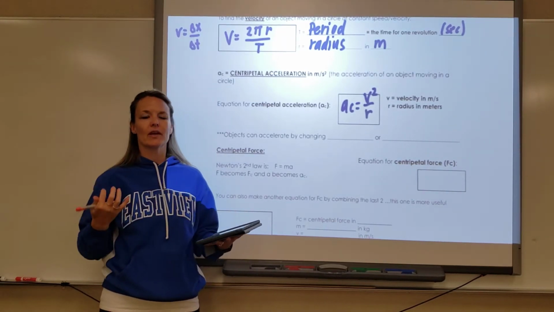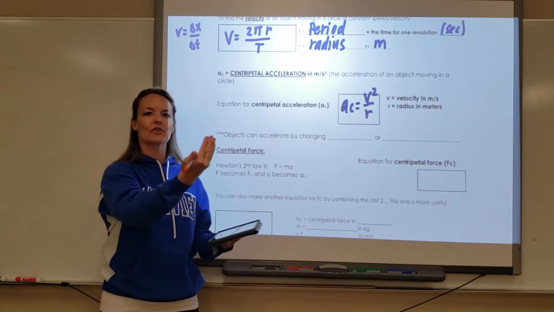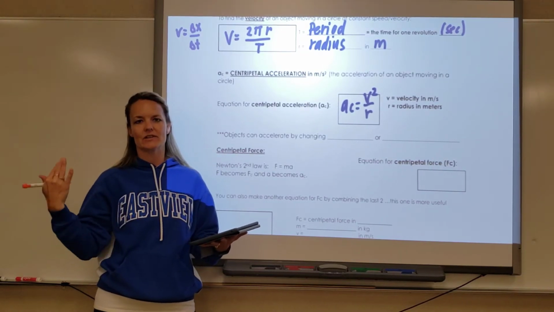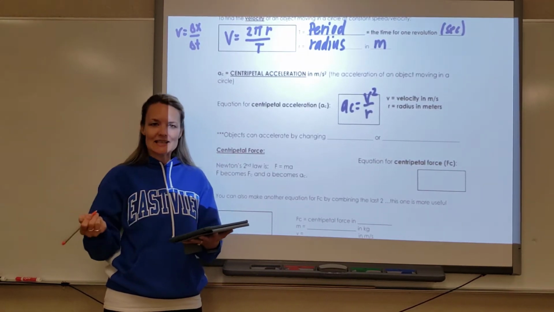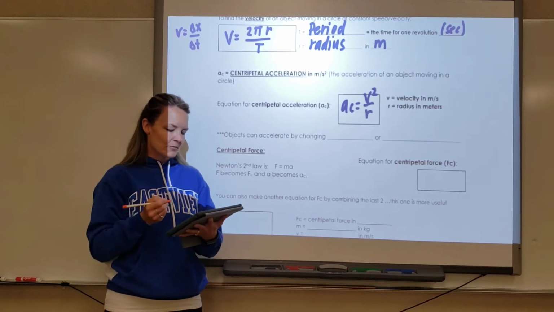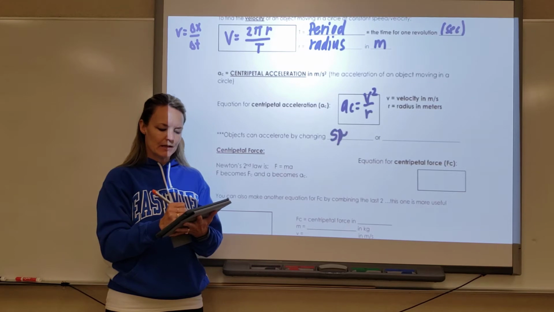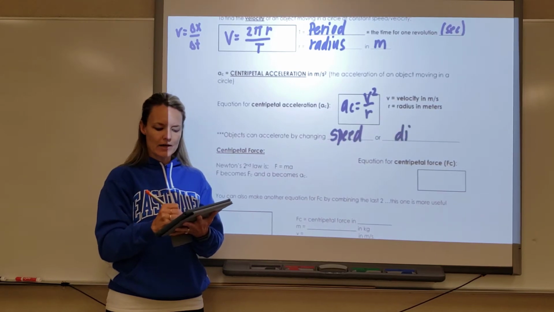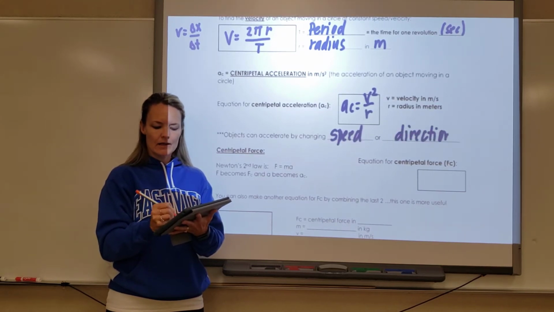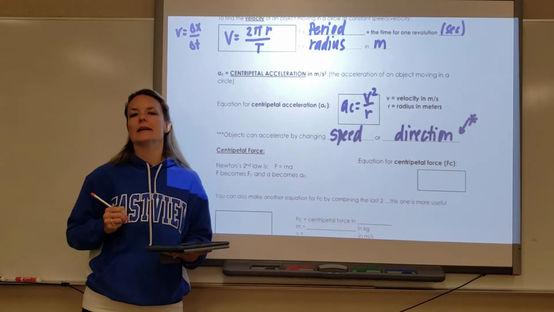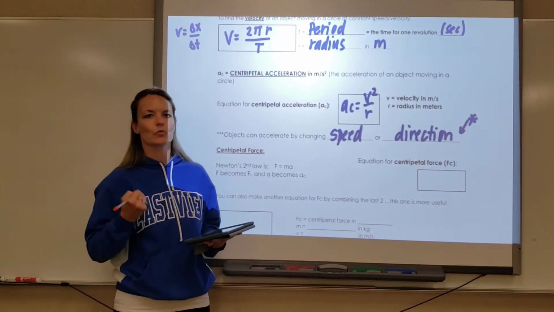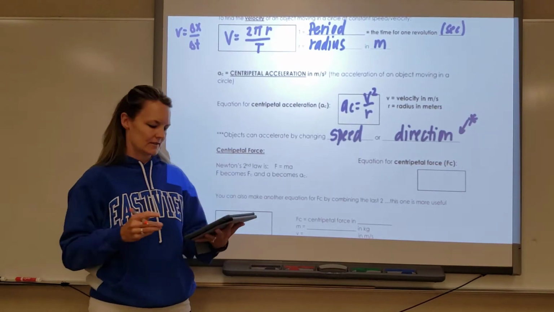That's what we're dealing with here, but as it moves in a circle, the direction is constantly changing the entire time. So technically, it's accelerating. Objects can accelerate by changing speed or direction. In the case of a circle, it's the direction that's constantly changing, which causes this centripetal acceleration.